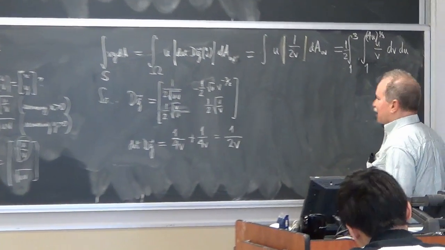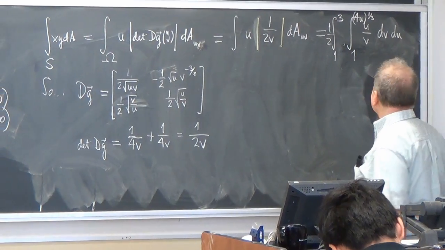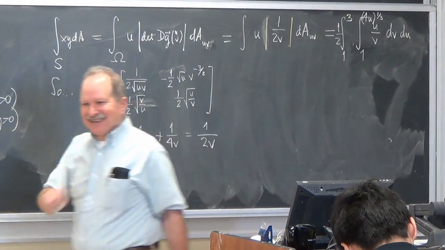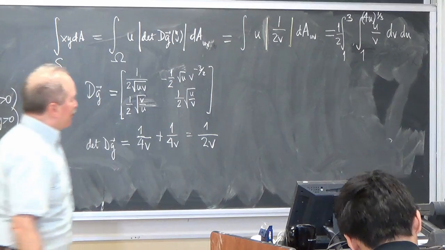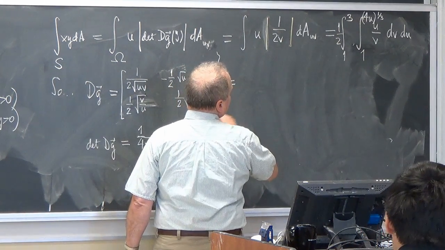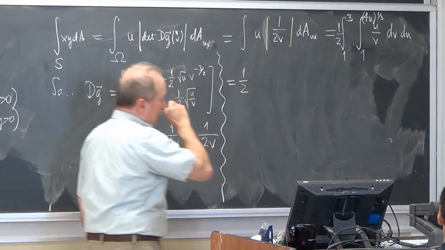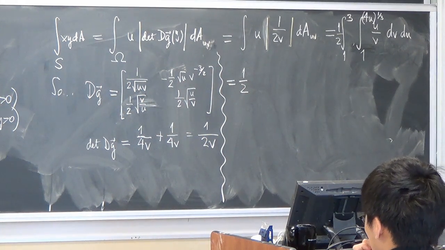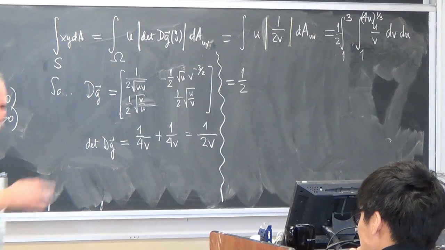Oh, this is looking yucky. Is it though? Let's see how many people can actually finish the problem. Would it be better to do the two integrals so you can do u first? I'm okay with doing this.